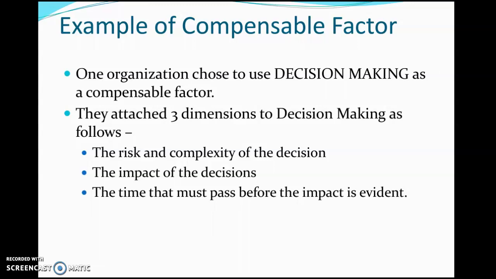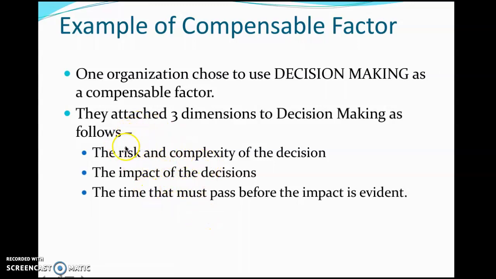So they've broken it down into three areas: how complex and risky is a decision, what's the impact that this decision could have, and the time that must pass before the impact is evident. So can we immediately see that in every job people have to make decisions? Yes, so that therefore it's a good factor to use. But can we see that within different jobs these things may vary?